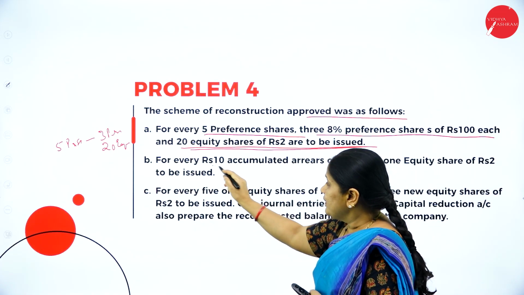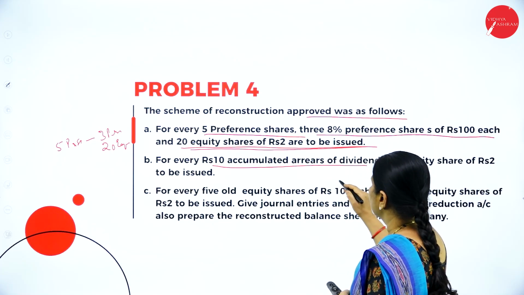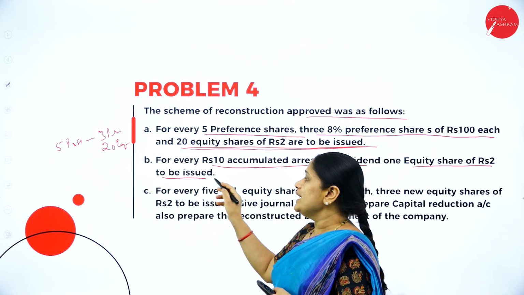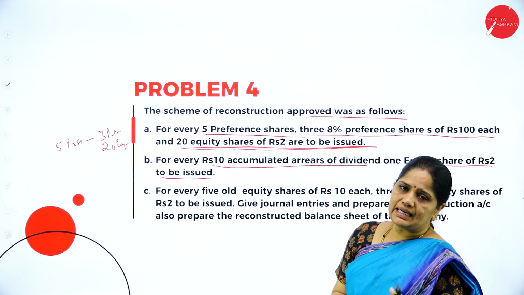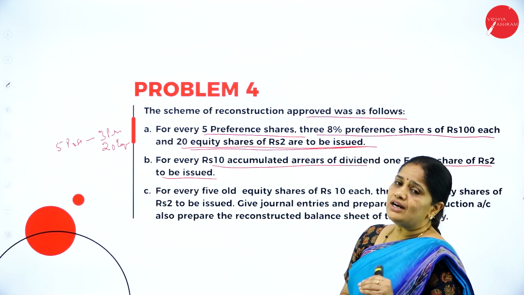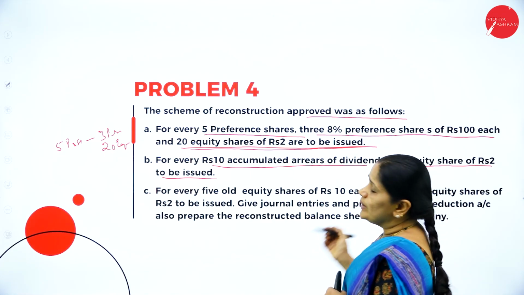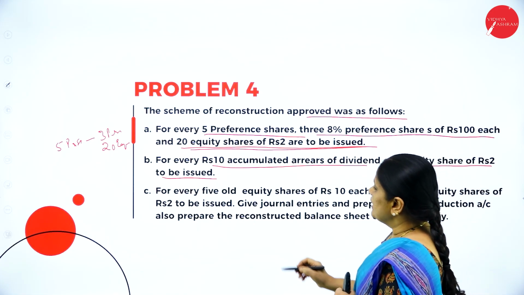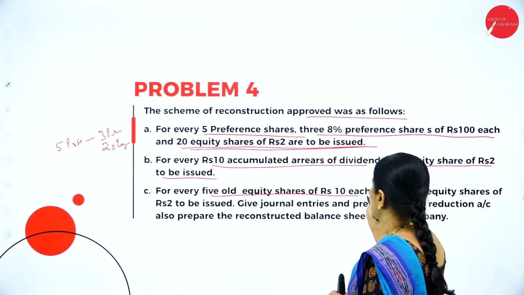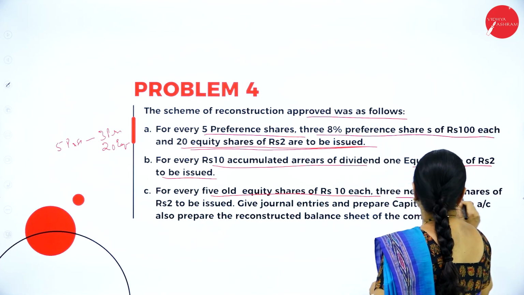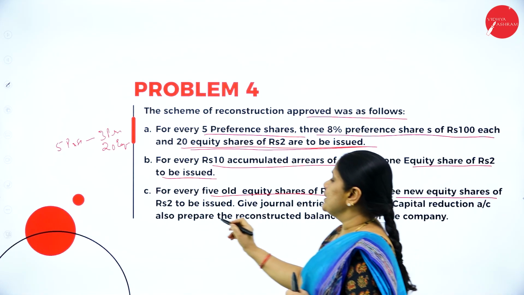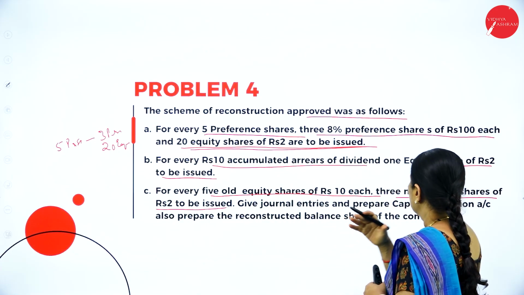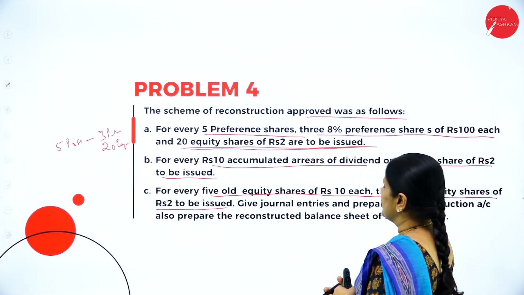Then for every 10 rupees of accumulated arrears of dividend, 1 equity share of rupees 2 to be issued. For every 5 old equity shares of rupees 10 each, 3 new equity shares of rupees 2 to be issued.